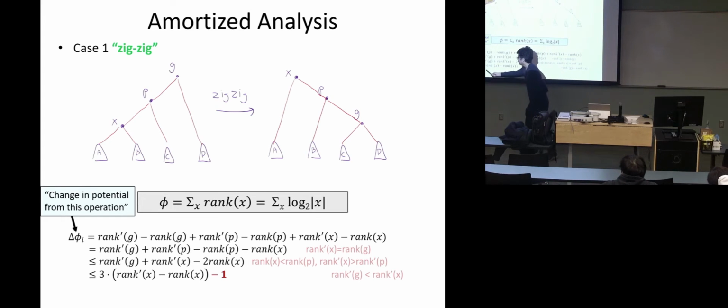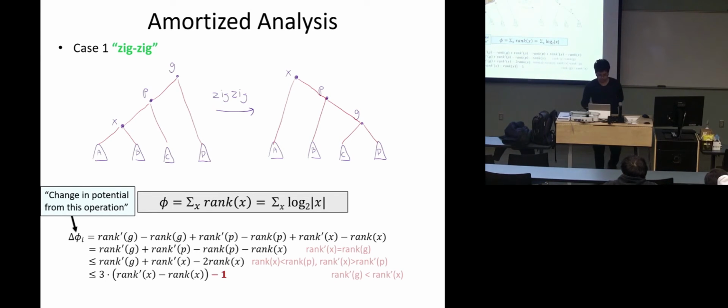At the end, I want to show that the potential increases by at most 3 times the rank of x after I do zig-zag minus the rank of x before the operation, minus 1. I call the rank after the zig-zag operation rank prime, and the rank before is just rank.